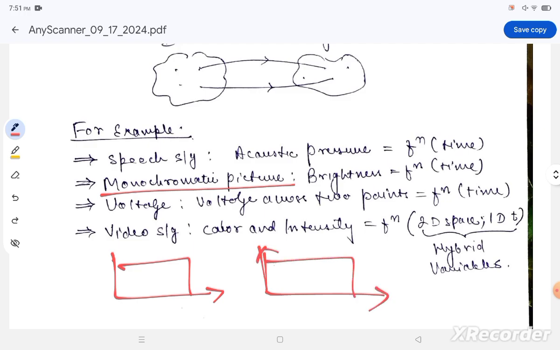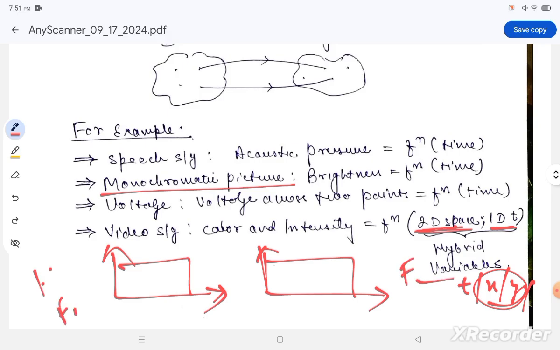See, in this case, we have multiple variables. Along with time, we have x and y axes also, not a z axis, because we are considering two-dimensional space. Two-dimensional space and one-dimensional time. So this is frame 1 and this is frame 2, at 1 second and at 1.1 second.